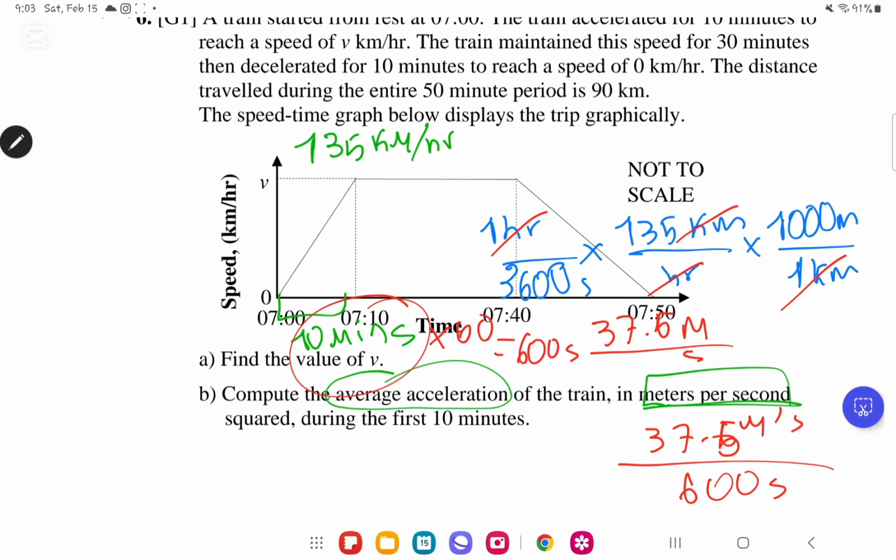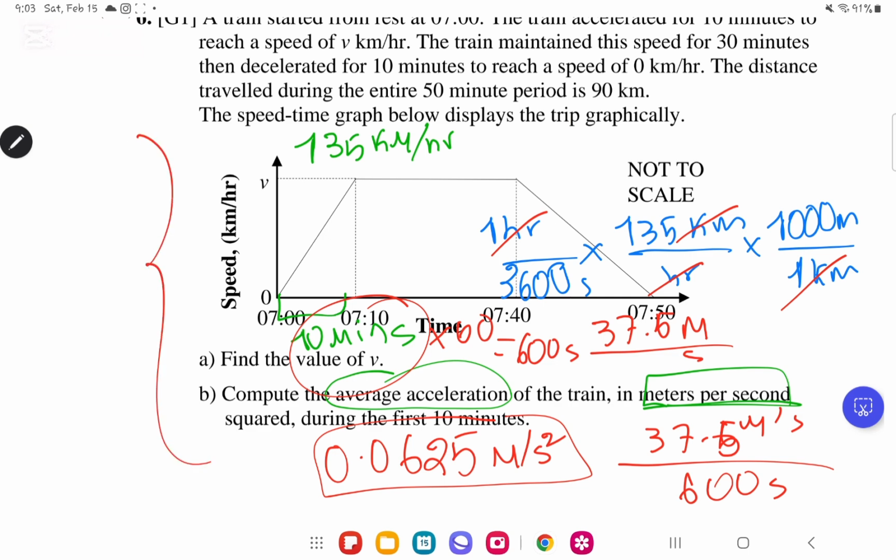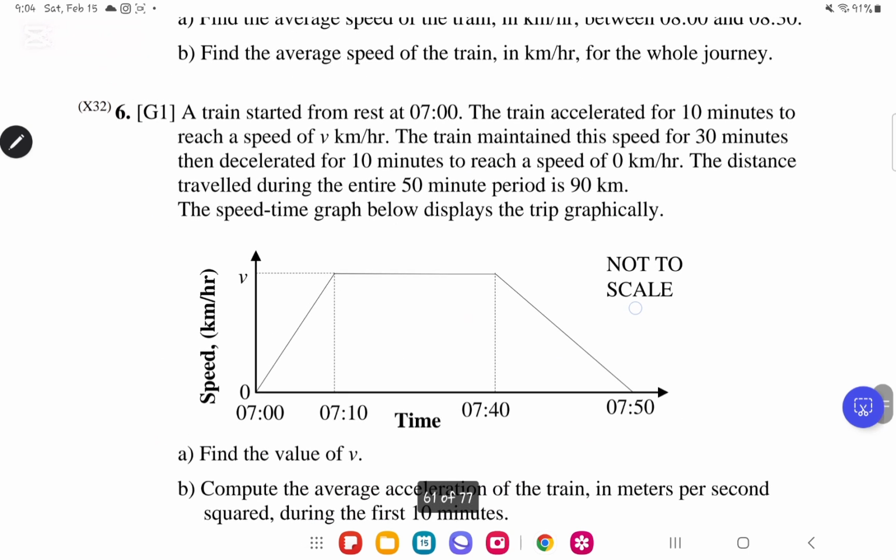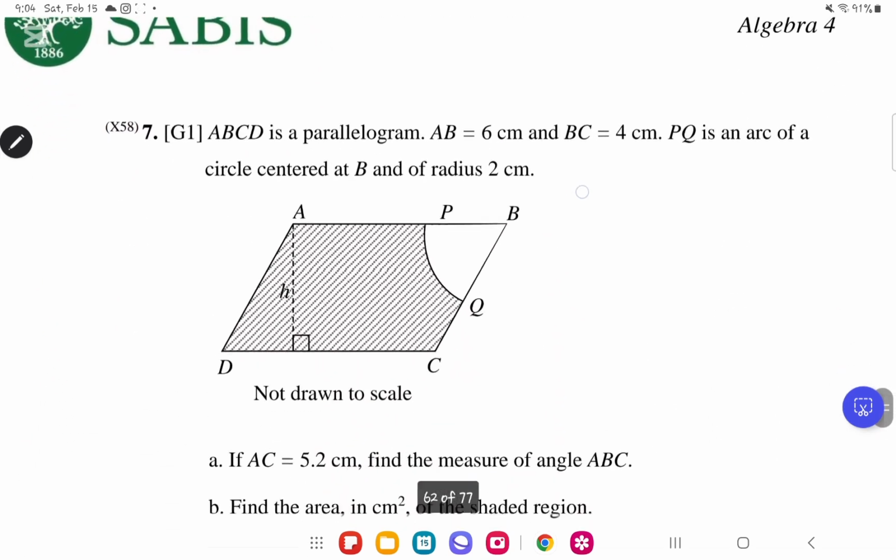So 37.5 over 600, you are going to get an answer of 0.0625. So this is our answer in meters per second squared. Alright, so this is the answer for question number 6.